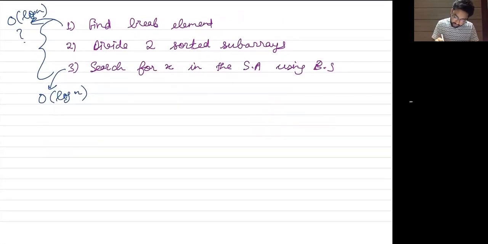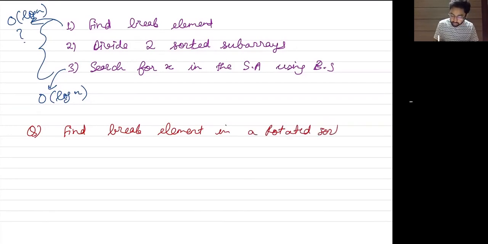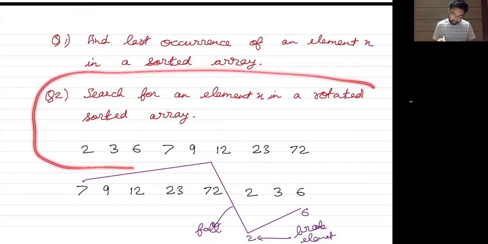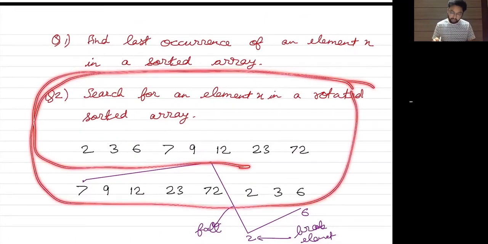Now the question has changed, and now the question is: find the break element in a rotated sorted array in order log n. If I can achieve this, obviously I can solve this question, right?